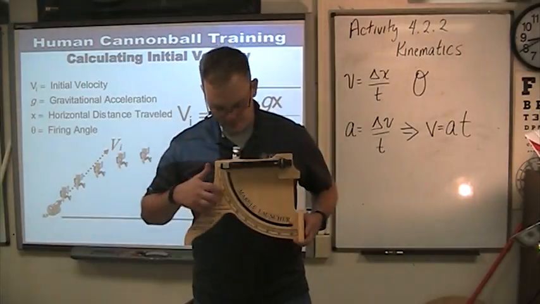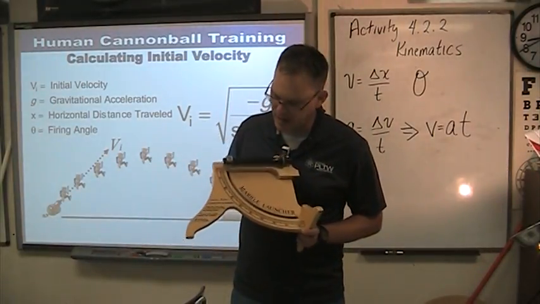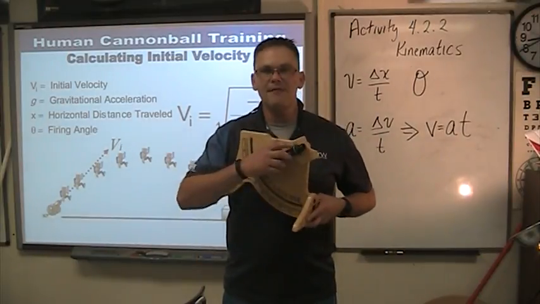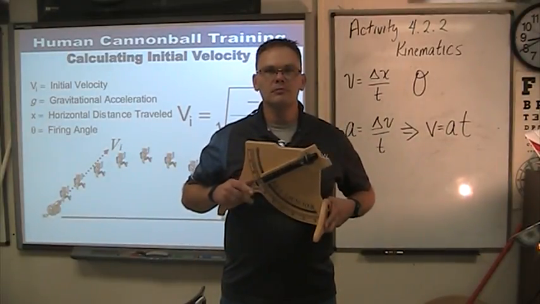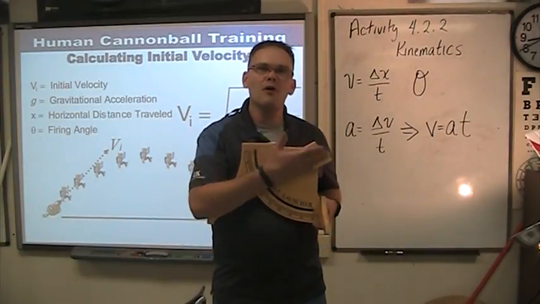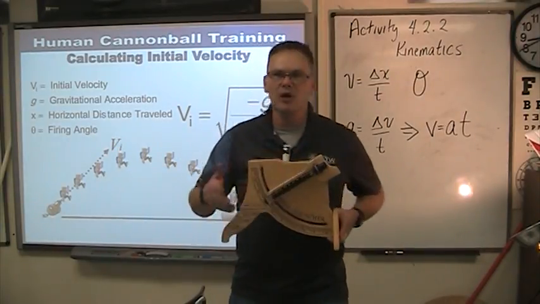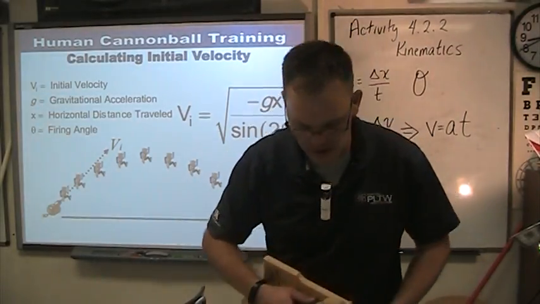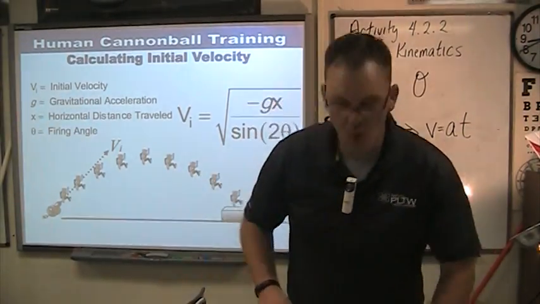So imagine I set an angle at 30 degrees and I fire a marble. Just because I fire this marble and I know how far it went, I can plug into this equation to tell you what my initial velocity was. Now, why is that important?